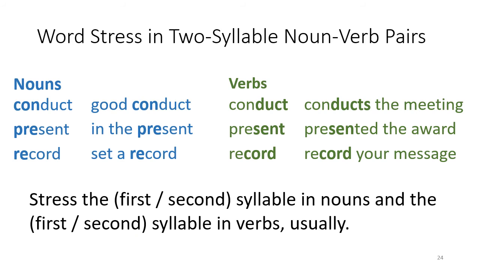Word stress in two-syllable noun-verb pairs. Nouns. Conduct. Good conduct. Present. Past, present, and future. Record. Broke a record. Verbs. Conduct. Conducts the orchestra. Present. Presented the award.